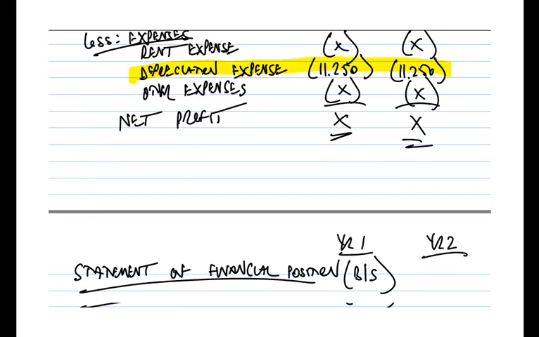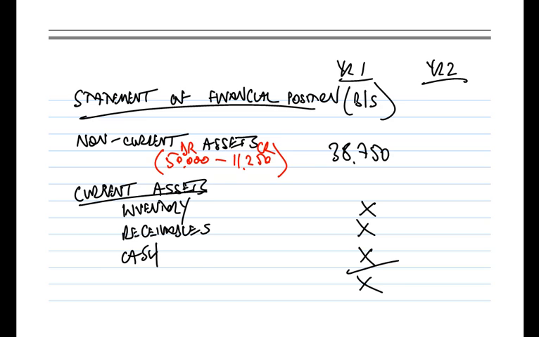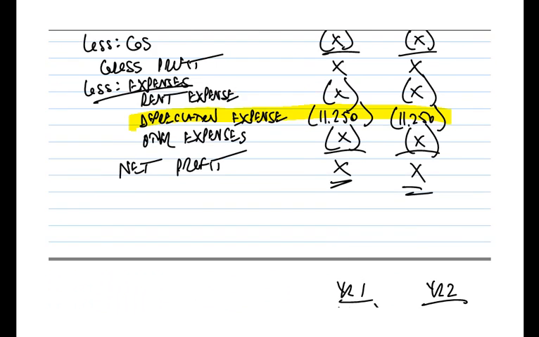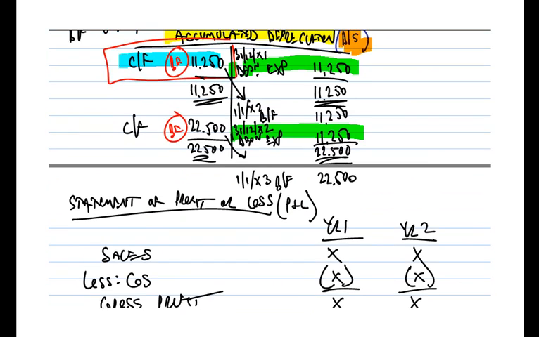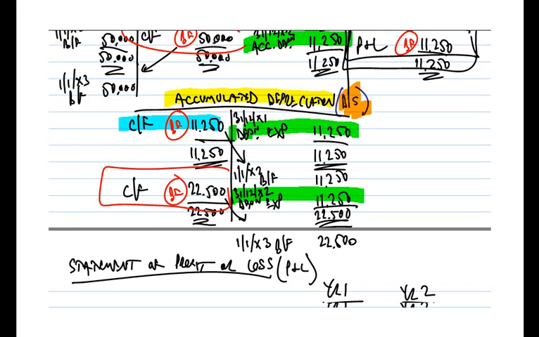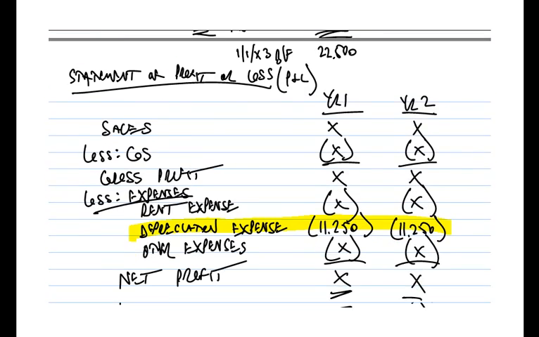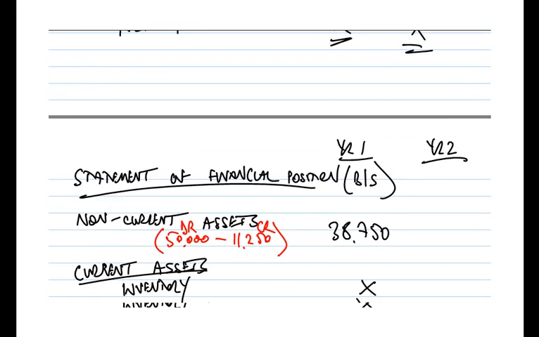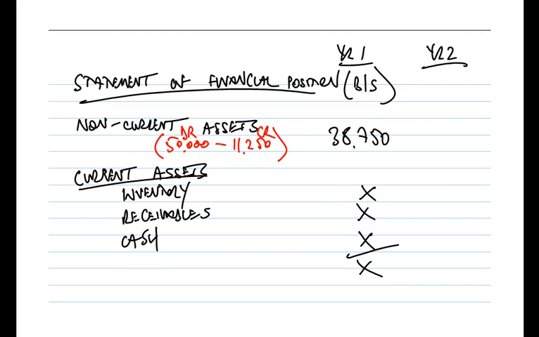But when we come to the balance sheet, we now want the net book value. Remember, the net book value is when we net off the cost. The cost in the second year was still the 50,000, but we now net that off against the accumulated depreciation. That's now higher, isn't it? That's now 22,500. So when I'm working out the net book value, I've just got to be a little bit careful because I'm now netting off. It's the same basic calculation. We've still got the 50,000 original cost.